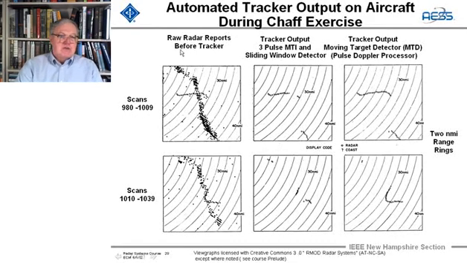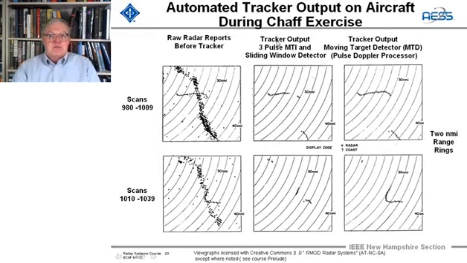And you see, these at first in the column are the raw radar detections before the tracker. And so these are the false alarms we got from the chaff, but they're all very, very random in time. And the Doppler velocities are that of rain, similar to rain. And here is the track of the Gulfstream aircraft going through the chaff.